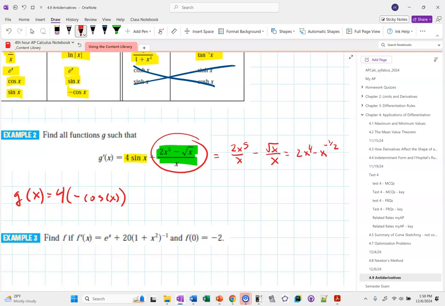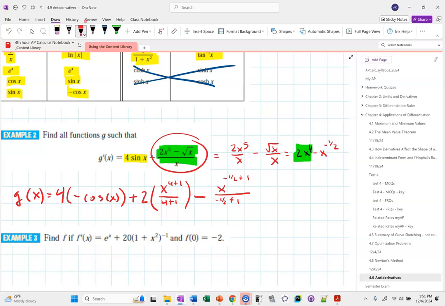So what's the antiderivative of 2x to the fourth? Well, I'm going to ignore the 2, right? And then I'm going to say x to the 4 plus 1 over 4 plus 1. Does that feel good there? And I'll have minus, and I'll do the same thing here. I'll have x to the negative 1/2 plus 1 over negative 1/2 plus 1.